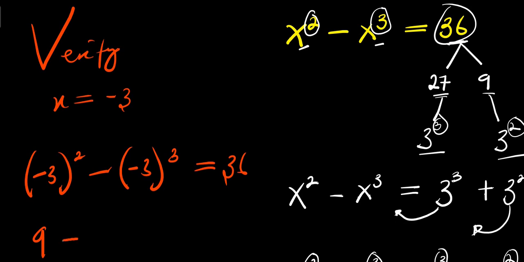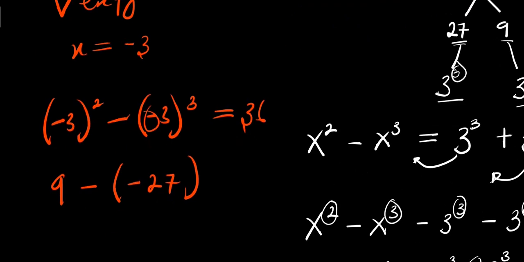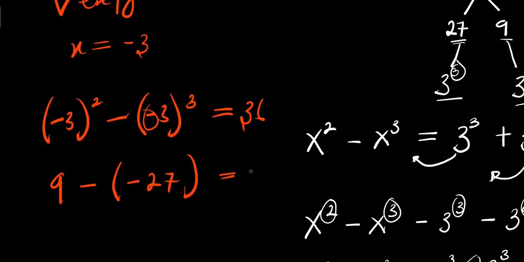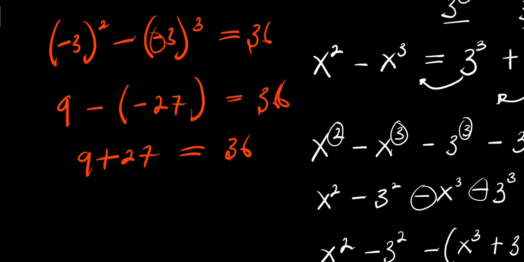This is 9 minus, this is negative 27, because negative to an odd power is negative. 3 power 3 is 27, so that's negative 27, equals 36. This is 9 plus 27 equals 36. And this will give you 36 equals 36.